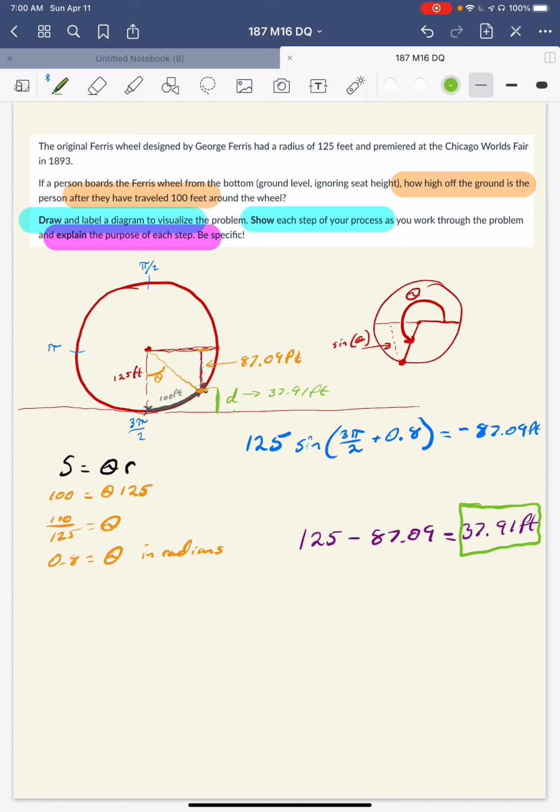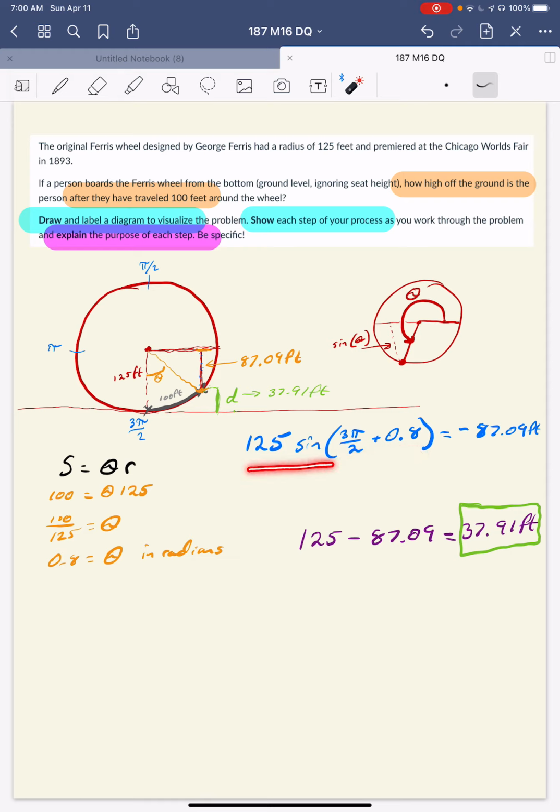There were three main steps here. The first one was that I needed to find the angle that the person had traversed. Then I need, well, kind of four steps because this second step here is broken into two parts. I first needed to then adjust that angle in order to be able to use the sine function.